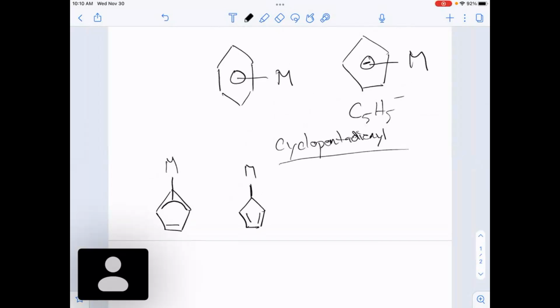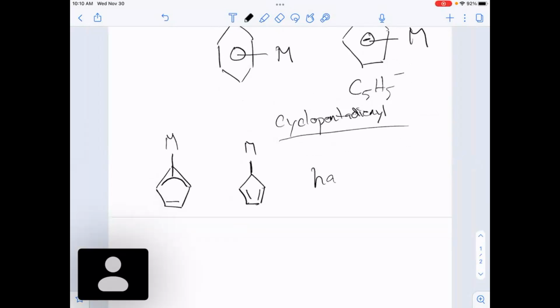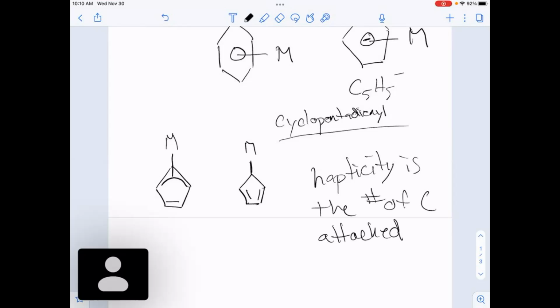Is that a term that anyone has ever heard before? And so hapticity is basically the number of carbons attached to the metal from a system that has multiple carbons in a pi system of some sort.